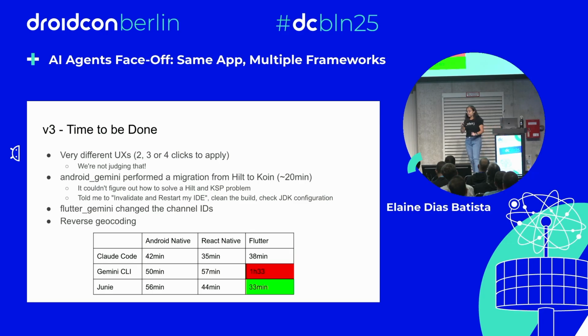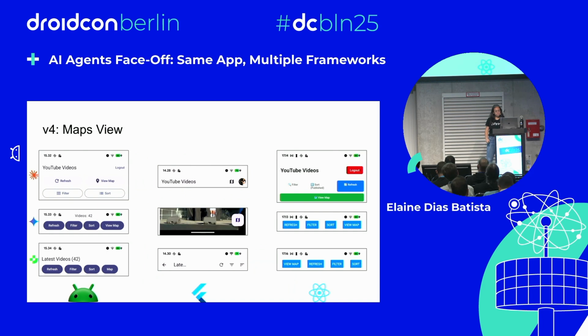And as I said, V4 will be the version where I put the location data from the videos on a map. In order to do that, I learned that if you're dealing with data coming from YouTube, you need to do something called reverse geocoding. So I just learned that too. So V4. V4 is the map view.